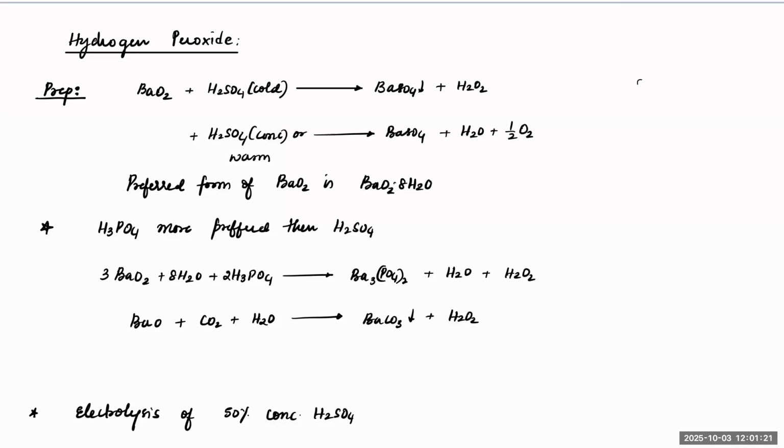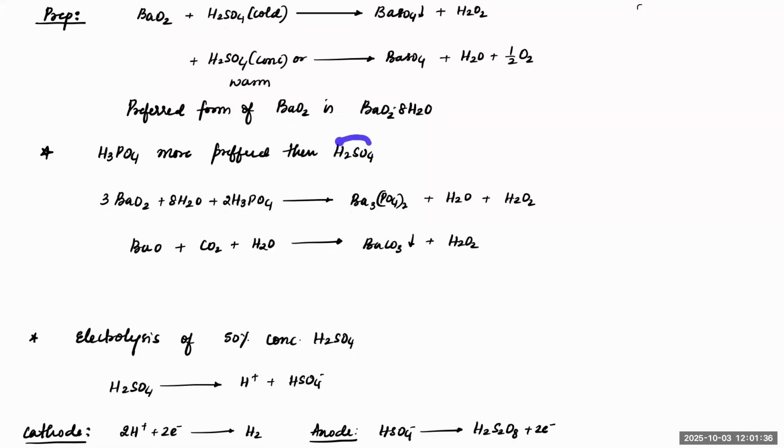So the preferred form of barium peroxide is BaO2.8H2O. Okay. And next thing, you can see H3PO4 is generally preferred over H2SO4. Reason being, it will avoid any oxidation. Okay. So H3PO4 is not an oxidizing agent. So it will form barium phosphate, H2O and H2O2.